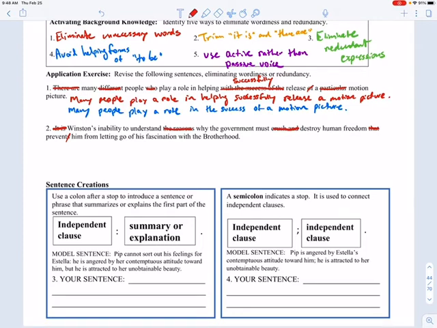Winston's inability to understand why the government must destroy human freedom. Okay, I do need the S in prevents. Prevents him from letting go of his fascination with the Brotherhood. I'm not going to rewrite that whole thing, since I didn't change too much.